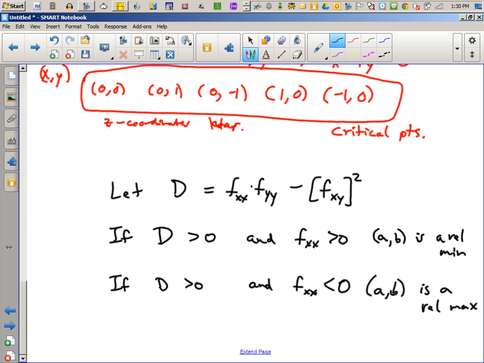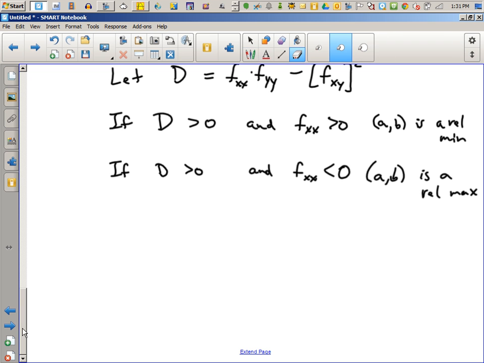Now before you freak out, because this is pretty intimidating, we saw this before. When the concavity is positive, it's at the bottom. When the concavity is negative, it's at the top. That's the f_xx, so that jives very well with our two-dimensional stuff. That's good news. And the D greater than 0 thing is a primary condition. The subconditions are those f_xx.